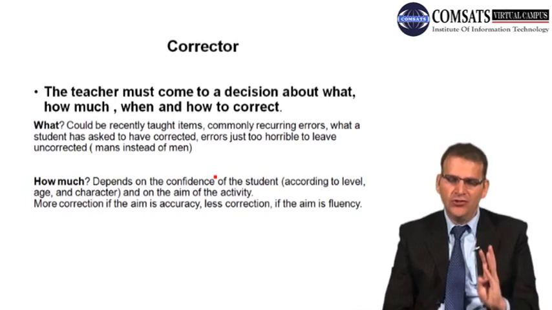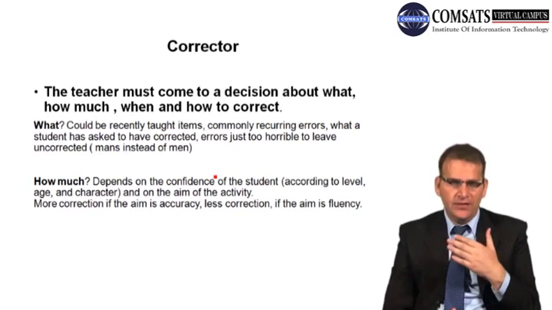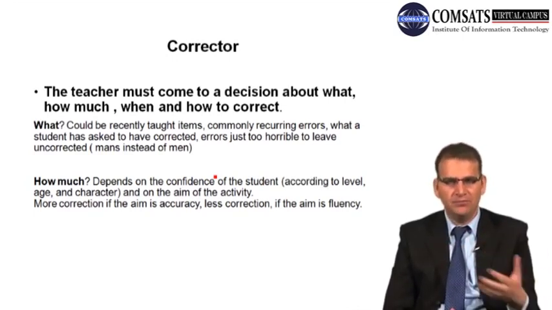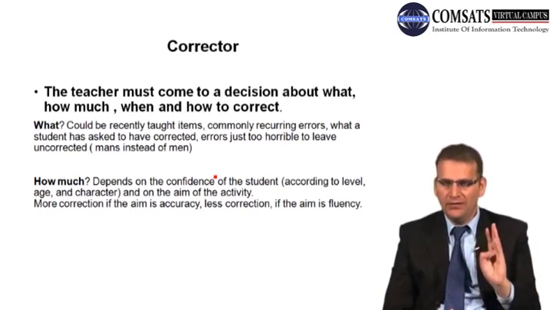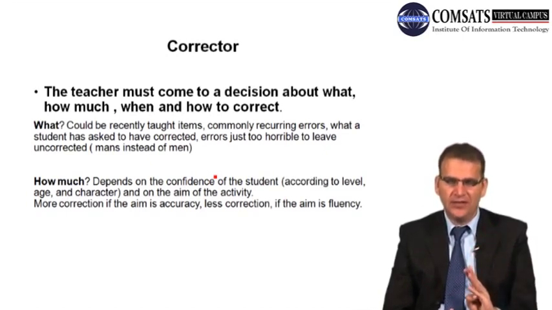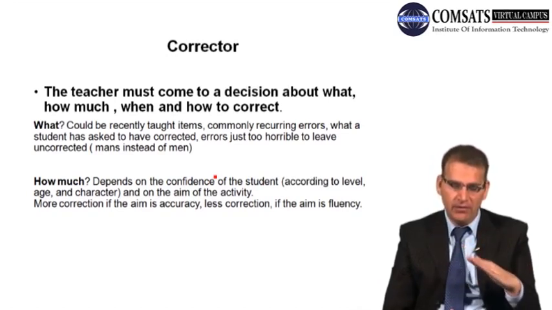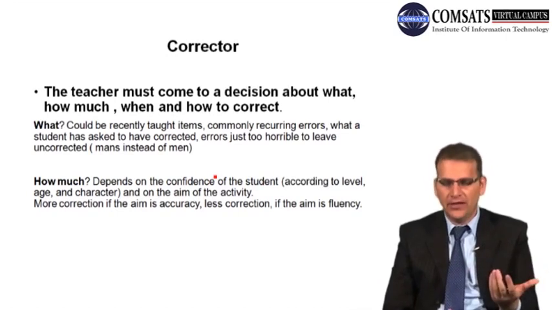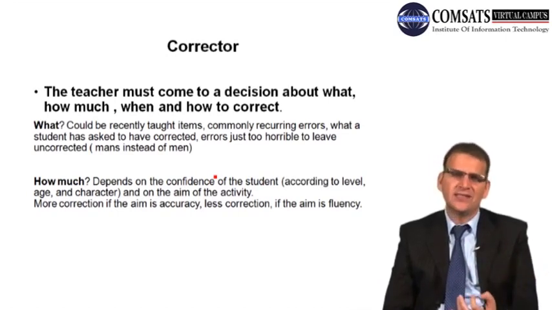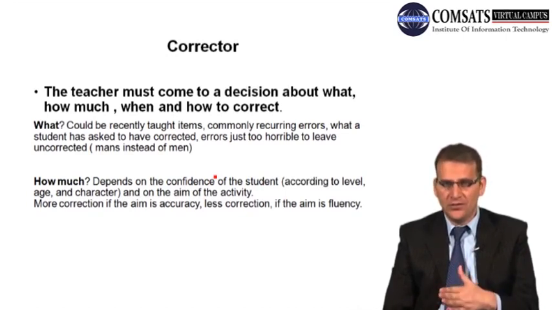It also depends on the level, age and character, and on the aim of the activity, right? If the teacher feels that every sentence needs correction, or considers the age factor, since each person is an adult, then correction can be done in breaks, at intervals, because too many corrections sometimes create a problem for the students.